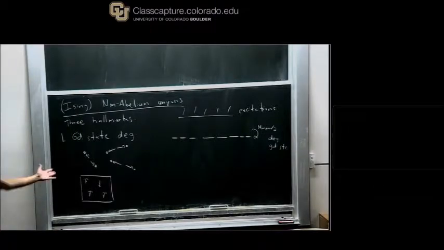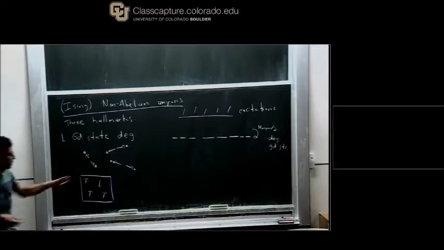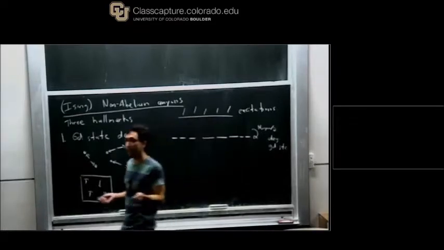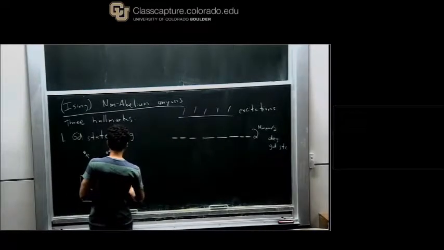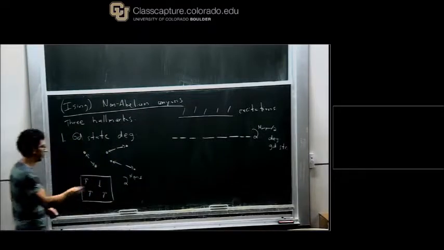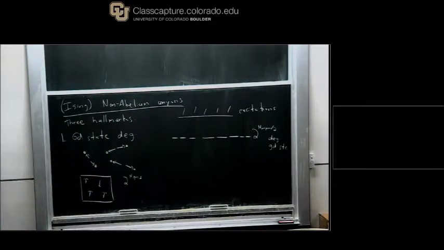If you have a bunch of free spin-a-halves, you also have an exponentially large set of ground states, and every time you add an extra free spin-a-half, you'll get an extra factor of 2 in the ground state degeneracy. So that appears superficially very similar to what we get for these Ising anyons. Here I'd get a ground state degeneracy consisting of 2 to the n spins ground states.